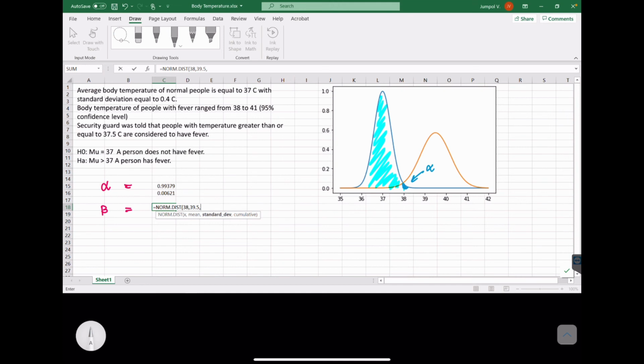Oh, we still don't know the standard deviation, right? But from here, we can estimate that the standard deviation is about 0.75. And the cumulative is true. So the probability of error type 2 is about 2.3%, which is this one.